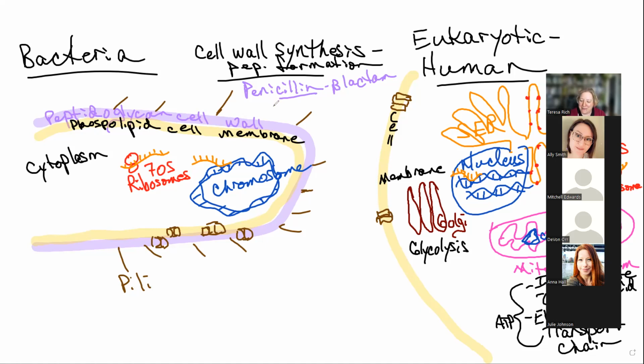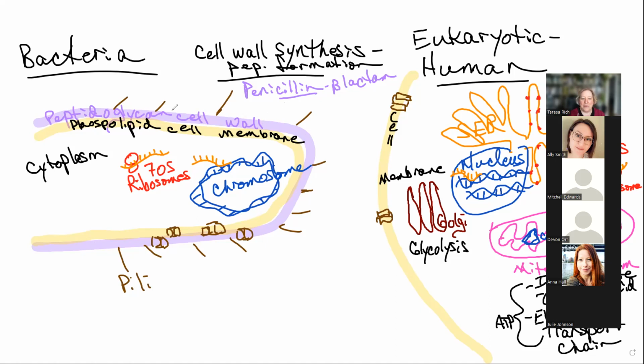So all of the psyllins, amoxicillin, ampicillin, methicillin, oxacillin, they're all in the beta-lactam superfamily, and they all inhibit peptidoglycan cell wall synthesis.